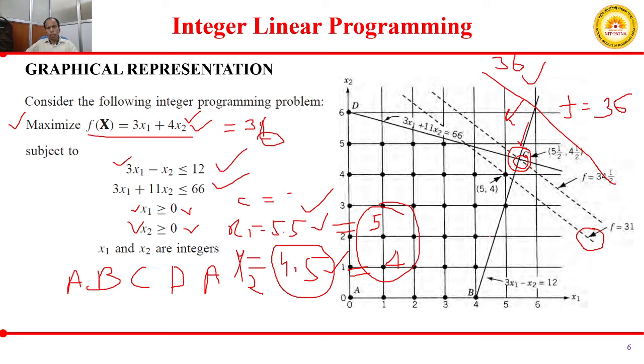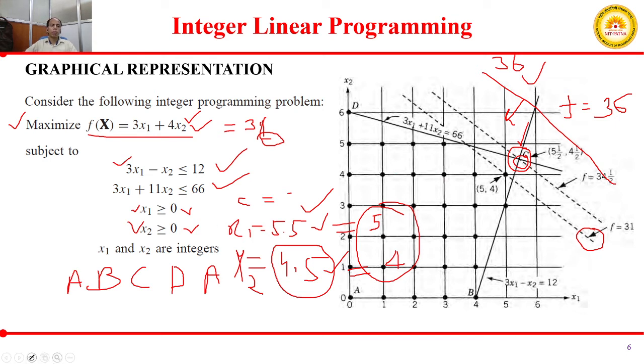Okay, now we will try to see whether this kind of rounding off works every time or not. Because for this particular problem, having this much constant, it is working.